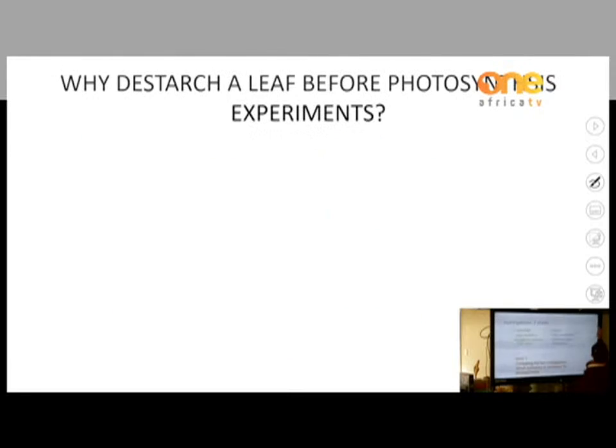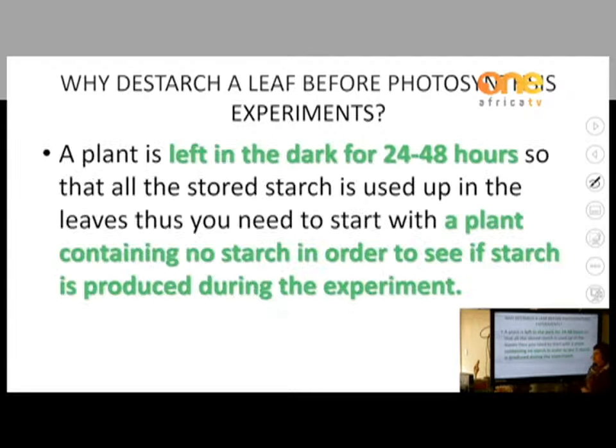Good. So, we also said, I have to destarch before I start the experiment. Can you quickly tell yourself why? A plant is left in the dark for 24 to 48 hours. That is destarching, so that all the stored starch is used up.